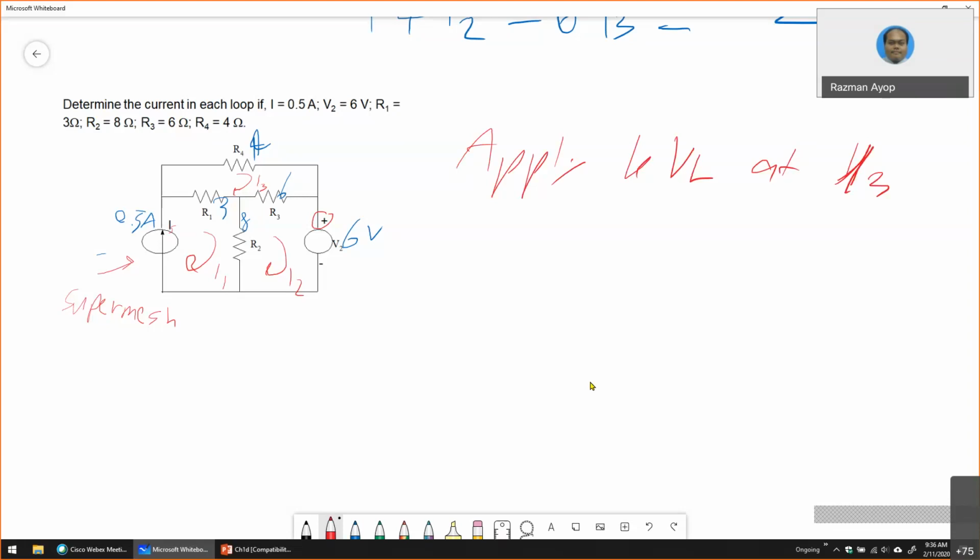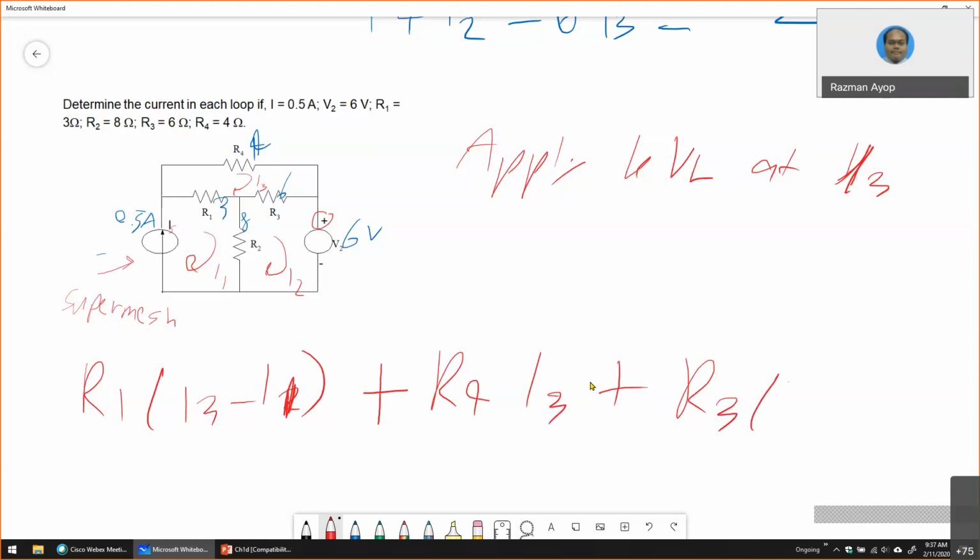So R1 (I3 minus I2) minus I1 plus R4 I3 plus R3 (I3 minus I2) equals 0. Just apply the previous method.